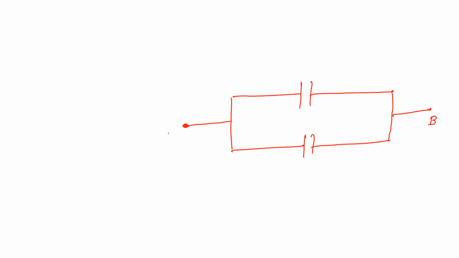Suppose this is point A, then what you can do, these points which I'm drawing with the blue, they all will have the same potential, right? All these points will have the same potential. So this entire blue is having the same potential because these are all connected wire, same potential.